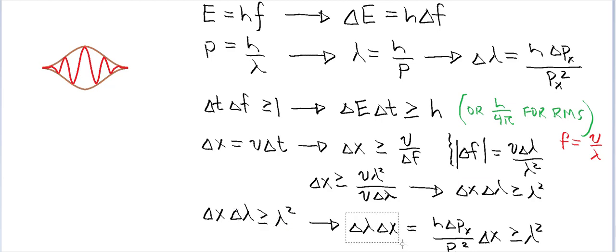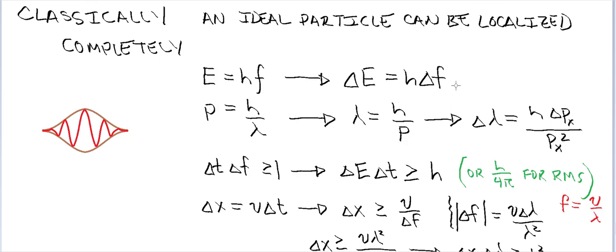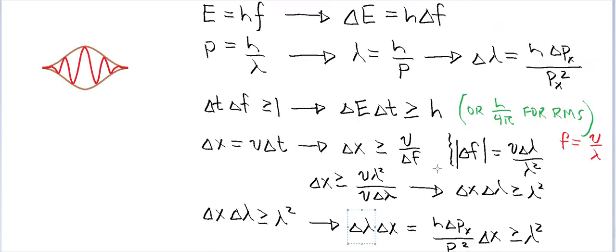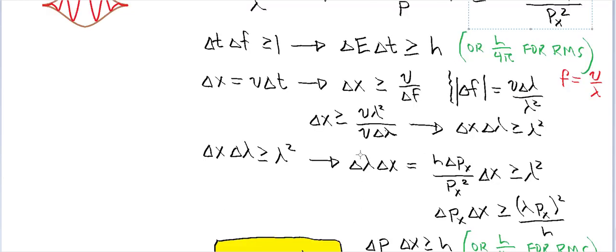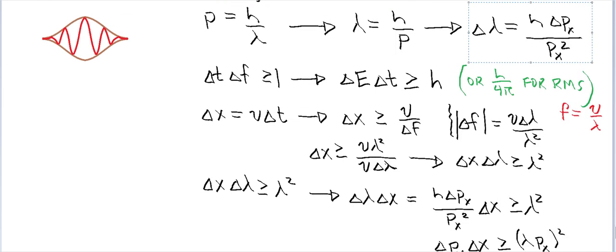But delta lambda times delta x, well, previously we had said that delta lambda was just h times delta p over p squared.